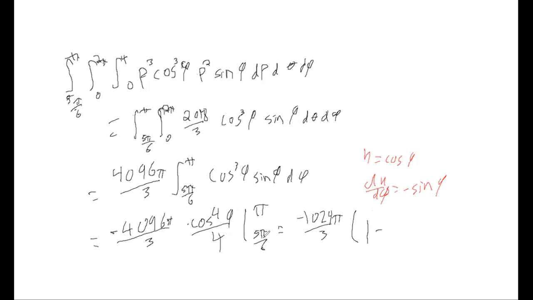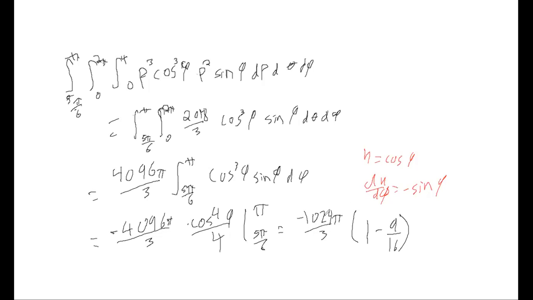And then 5 pi over 6, cosine of 5 pi over 6 is -√3 over 2. -√3 over 2 to the 4th is 9 over 16. So we get 1 minus 9 over 16. So in other words, we have -1024 pi over 3 times 7 over 16.